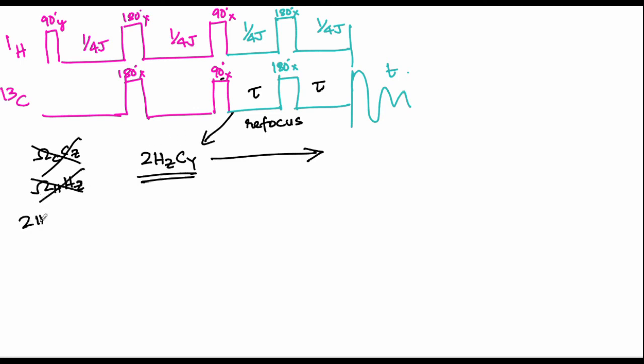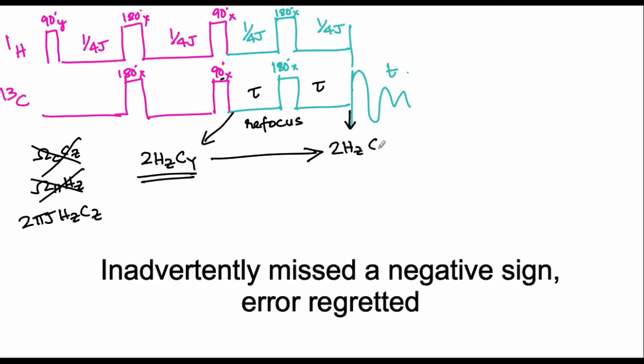The only operator that evolves is 2 pi J Hz Cz. And therefore, we can actually write what is going to end up coming here as a 2 tau duration: 2HzCy cos 2 pi J tau minus Cx sine 2 pi J tau.